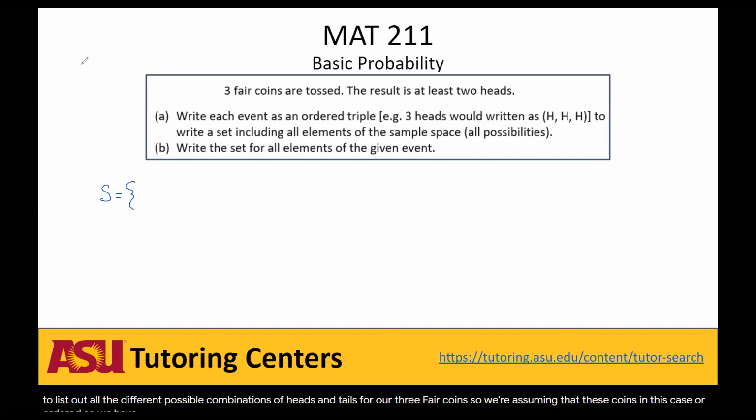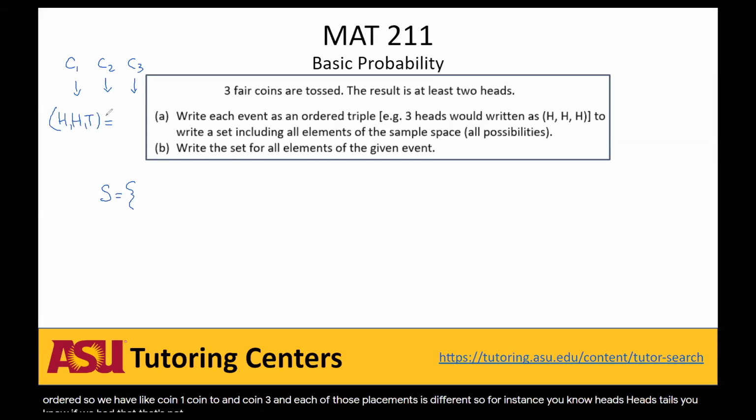So we have coin 1, coin 2, and coin 3, and each of those placements is different. So for instance, heads, tails is not going to be the same thing as tails, heads, so we don't want to treat those as the same event.